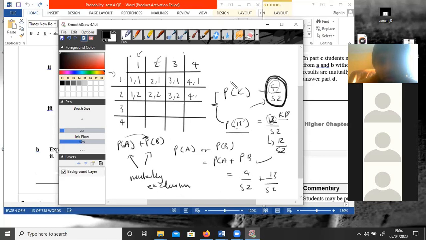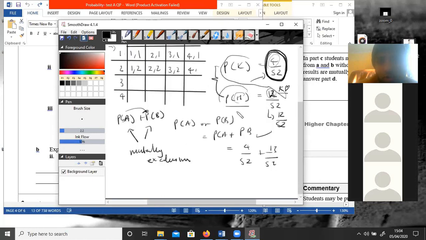The king can be in the group of kings, or he can be in the hearts at the same time. You usually add probabilities when they're mutually exclusive. But when we add these, we'll get an answer that's slightly off of what they want. Although it will get us an answer close to what we want, it won't get us exactly what we want.